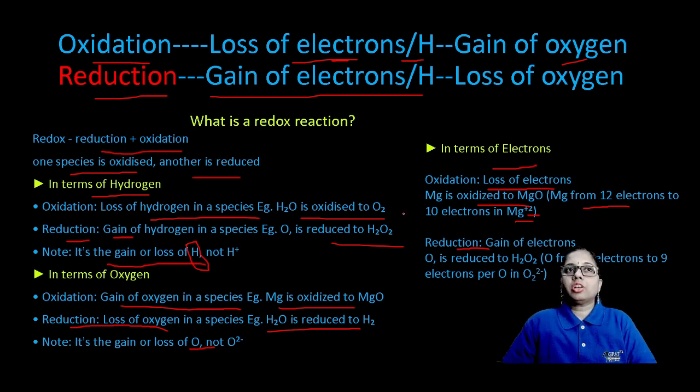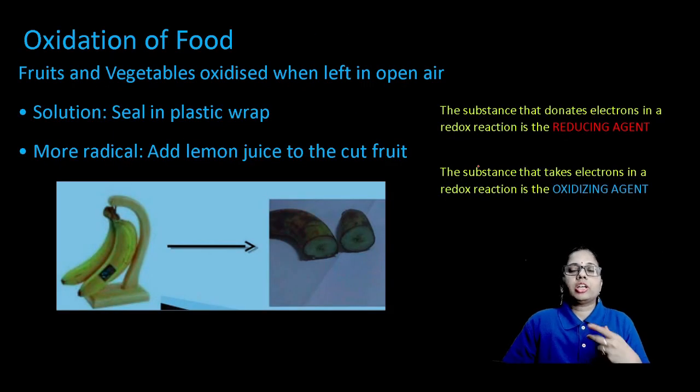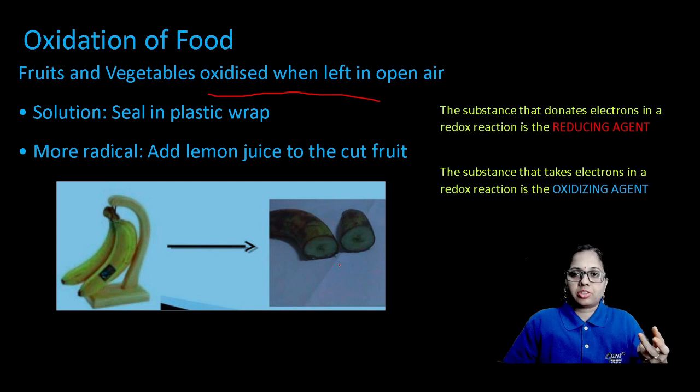So in terms of hydrogen, oxygen and electrons, we can define oxidation and reduction. Generally we know what oxidation is. In terms of food, fruits and vegetables are generally oxidized when left open in the air. For example, if you cut a banana and leave it open in the air, it changes its color, that means it gets oxidized.